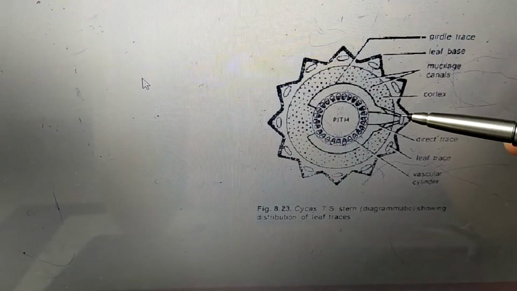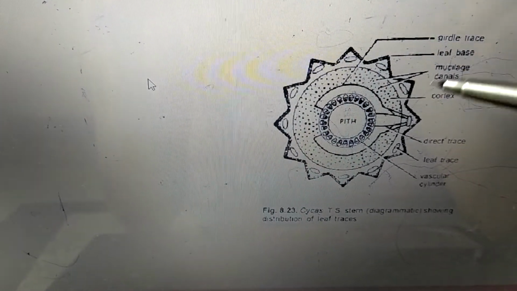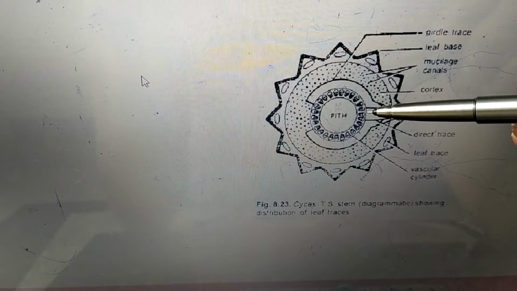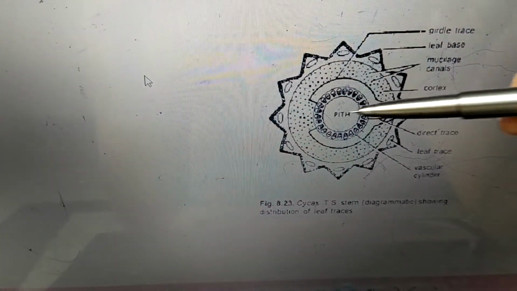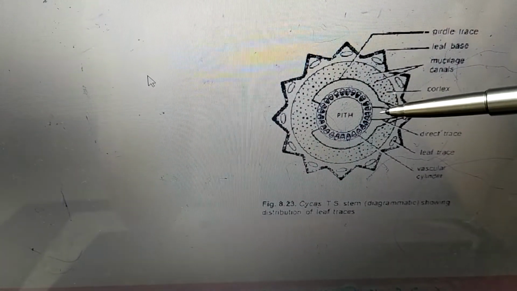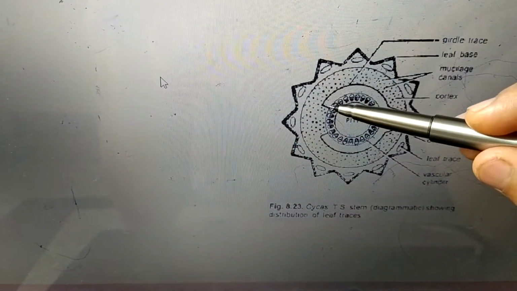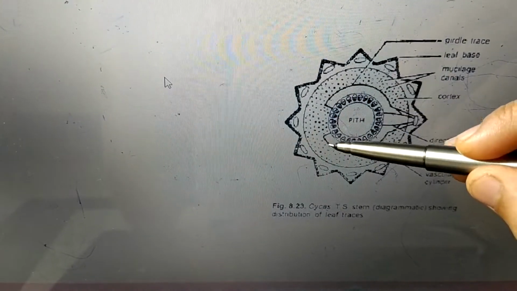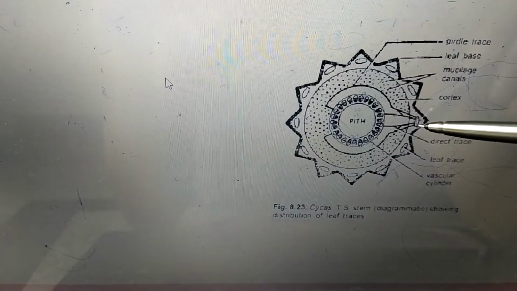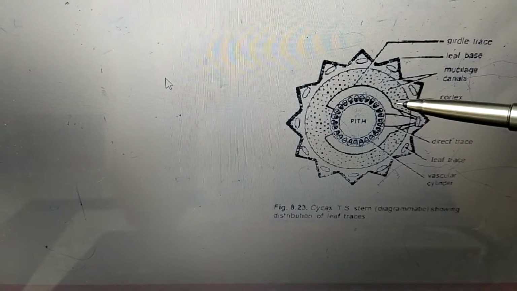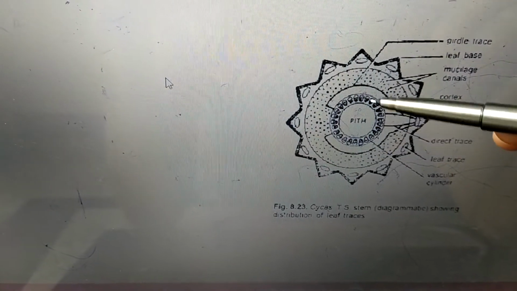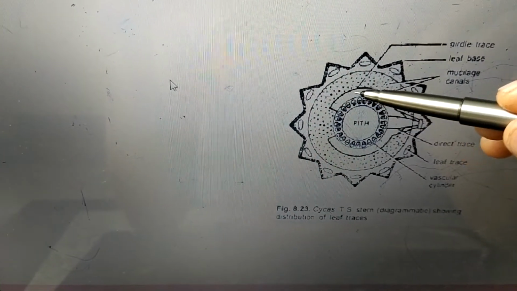This lies in front of the leaf base, while the girdle trace develops from the vascular cylinder lying opposite to the direct trace, and it is going to surround and enter this leaf base. While surrounding the cylinder, it is going to form this arc shape.